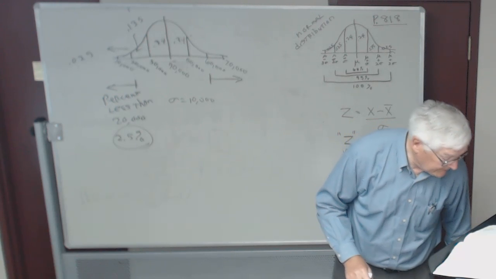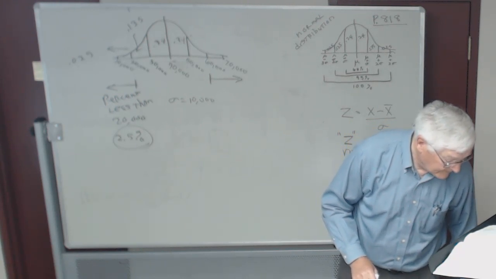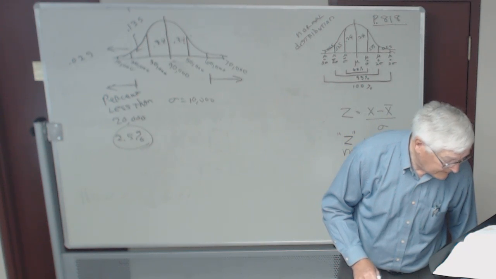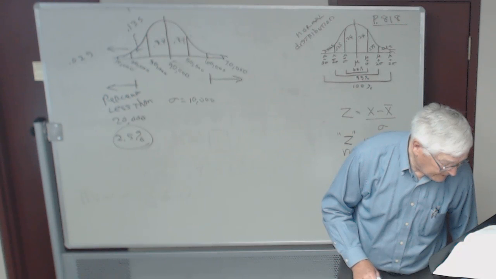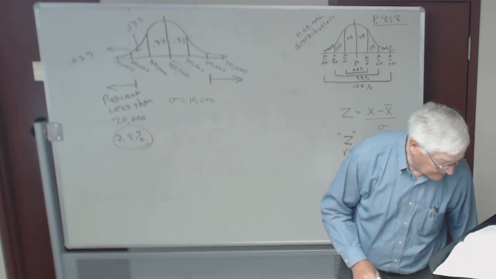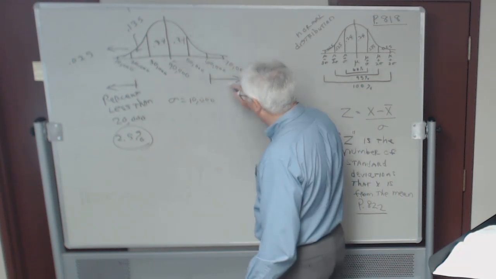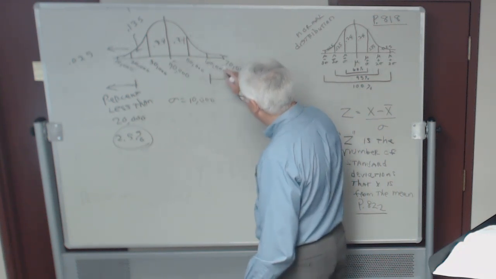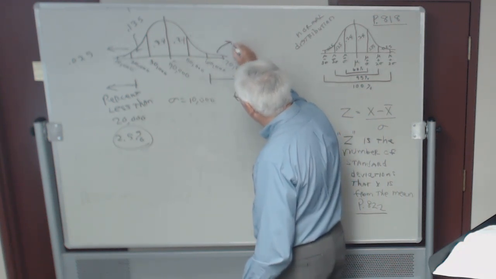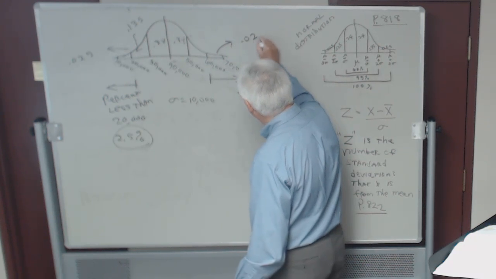Did it say what percent? No, it said what would be the probability that his annual income would be more than 60,000. Out of 100 people, how many of them will have a salary above this? 0.025.